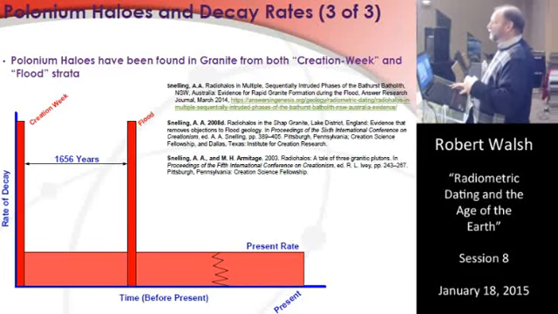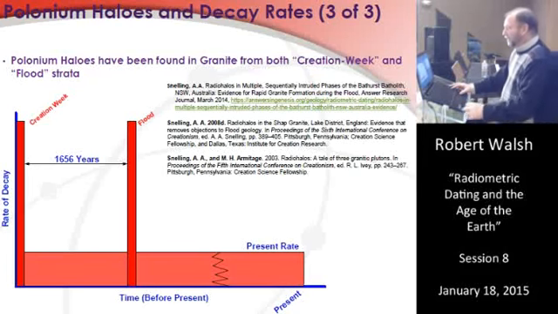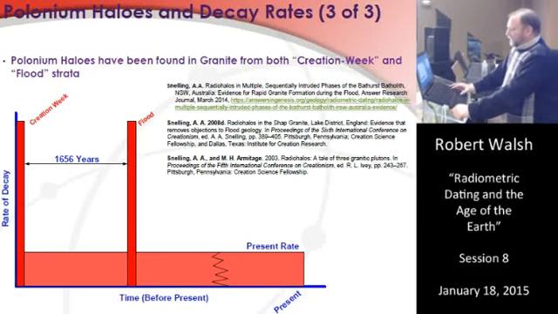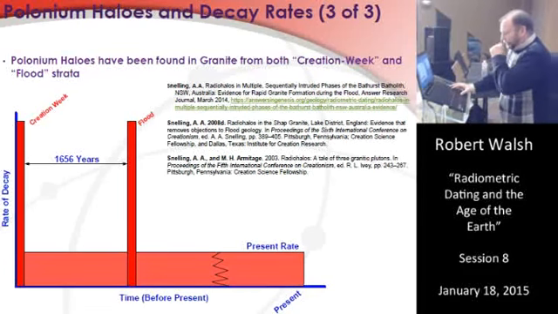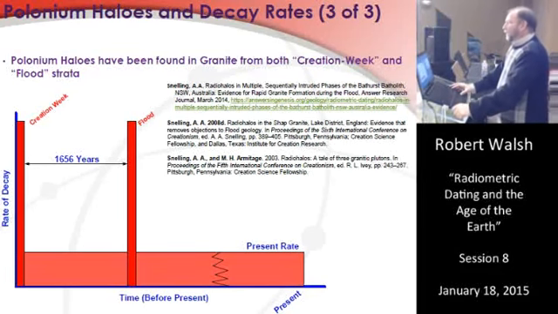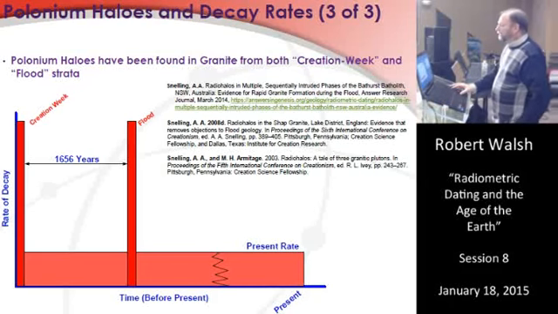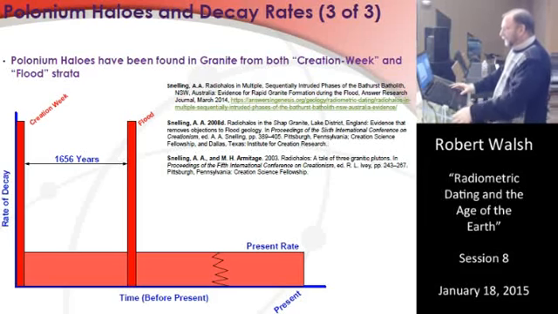It's something that drives you to further theory and further modeling. So I think that's very good. So we have two places in time where polonium halos would have been formed: during creation week, and then 1,656 years later, during the flood.